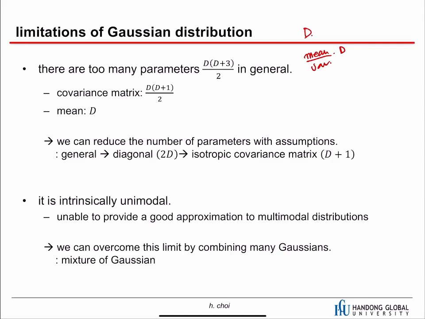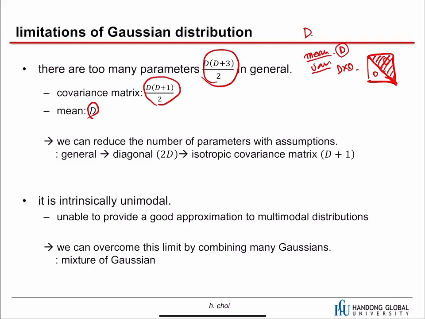The variance is a d times d matrix, but it is symmetric. Think about this covariance matrix: these are diagonal elements, and these off-diagonal elements are the same as here. So if we count the number of parameters, it is this many in the covariance matrix, plus d parameters in the mean vector.